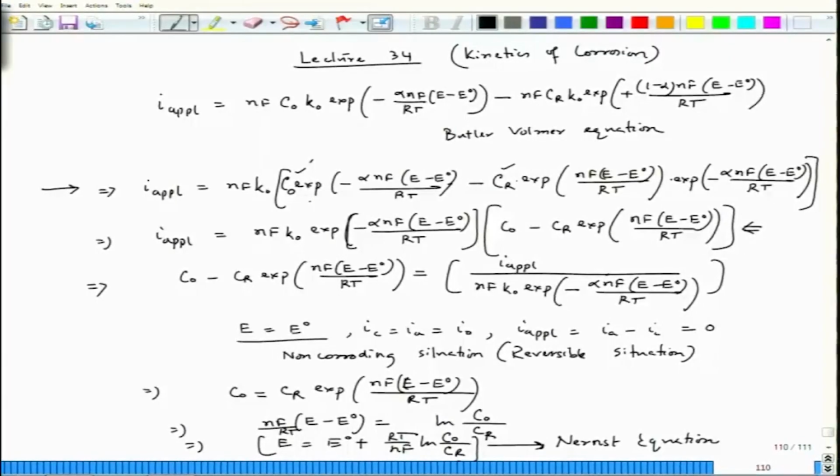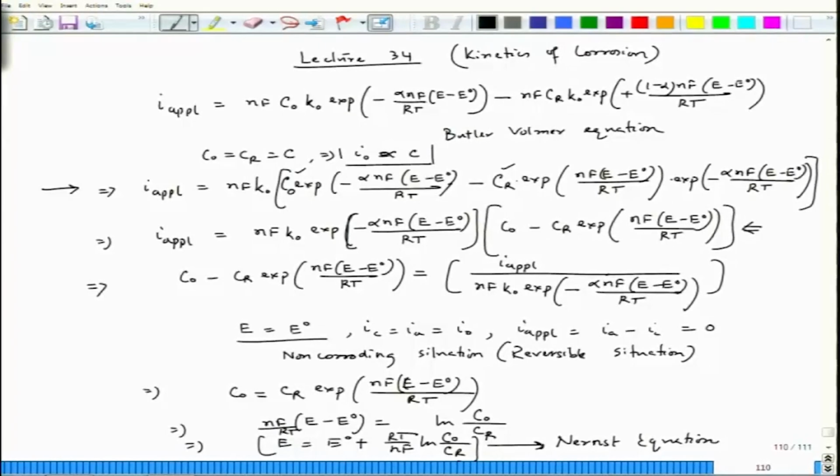If we consider C_R equal to C, then I could see that I0 could have a proportionality with the concentration C.